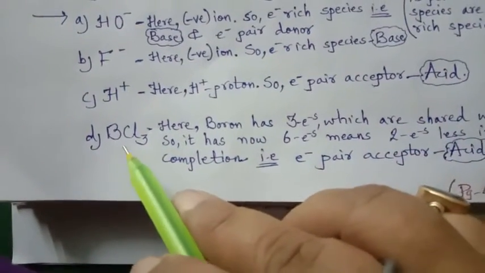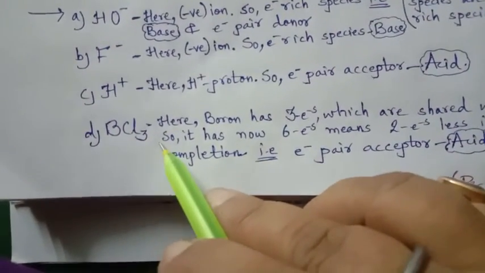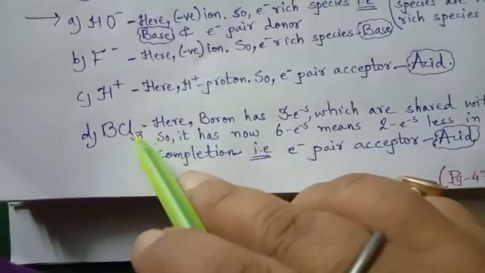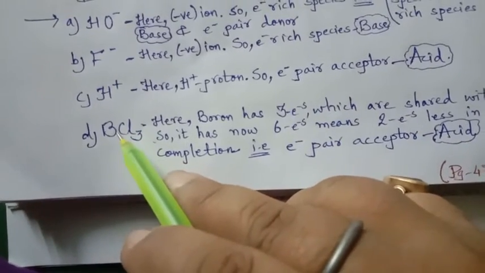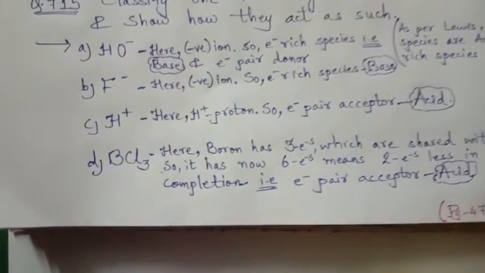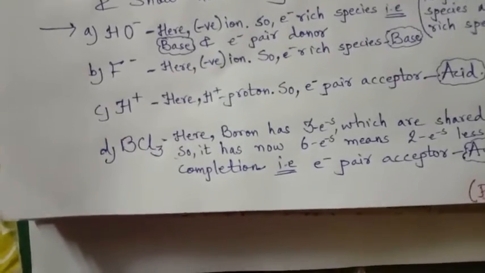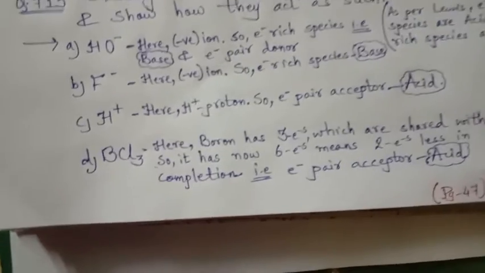But now see BCl3, boron trichloride. Boron has 3 electrons because its atomic number is 5, with configuration 1s2, 2s2, 2p1.